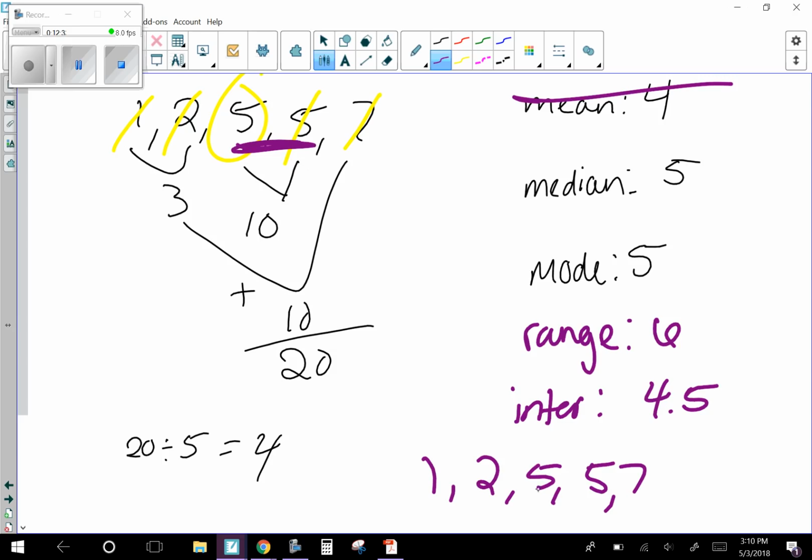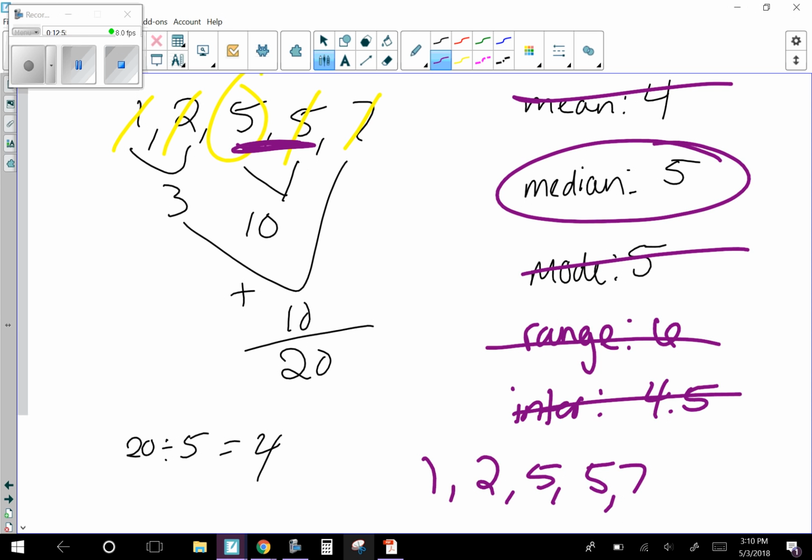Mode only describes 2 out of the 5, so we're going to take that out. The range is 6. 6 is greater than 1, 2, 3, 4 out of the 5 sets. Probably not. 4 1/2 falls about right here. It's greater than 2, less than 3. Not a bad choice, but I think that median is probably our best choice there.